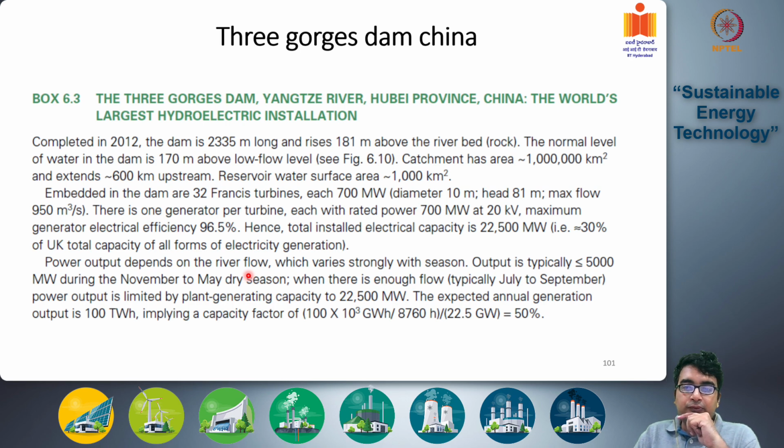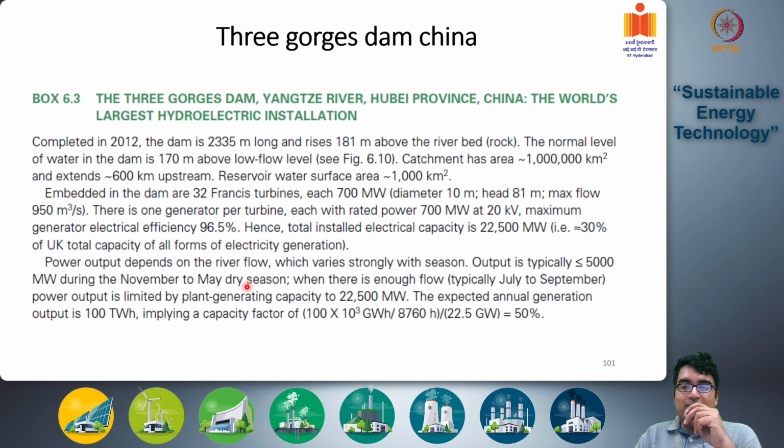Output is typically around 5,000 megawatts during the dry season. So you see the capacity is 22,000 megawatts, but during the dry season, only 1/4 of that capacity is actually delivered, around 5,000 megawatts, and the dry season lasts from November to May.